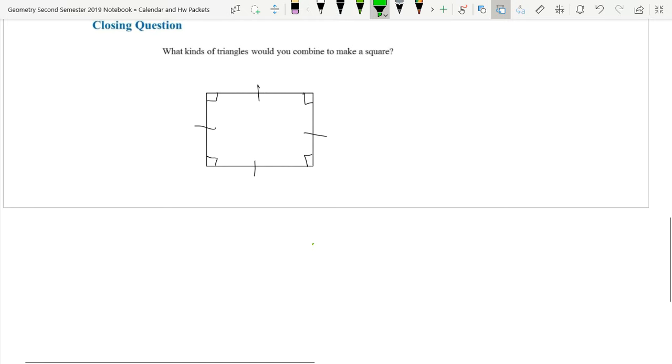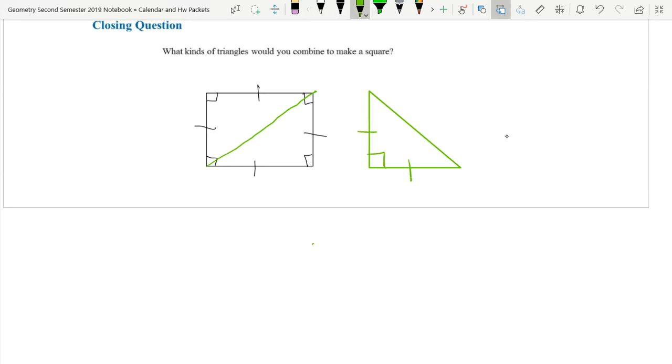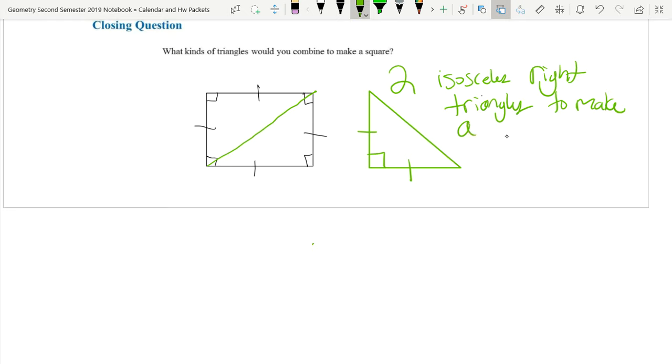And if I divide it into triangles, it would take two isosceles right triangles to make a square. Two right triangles to make a square.